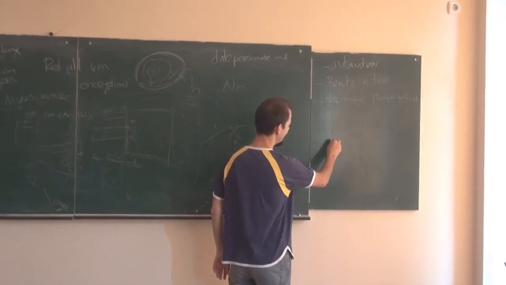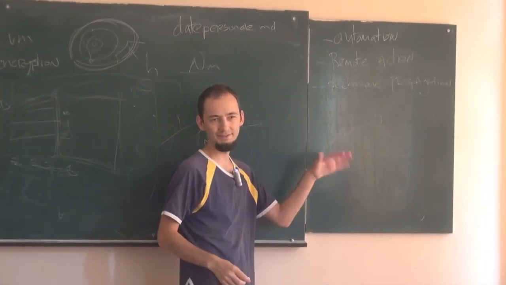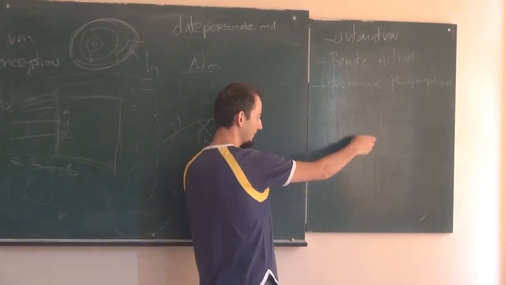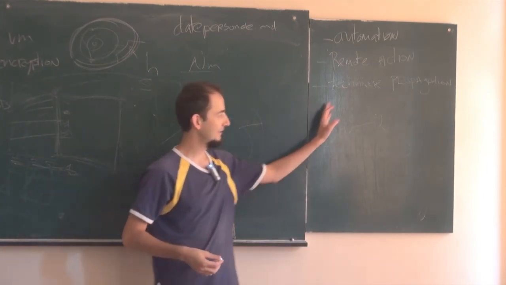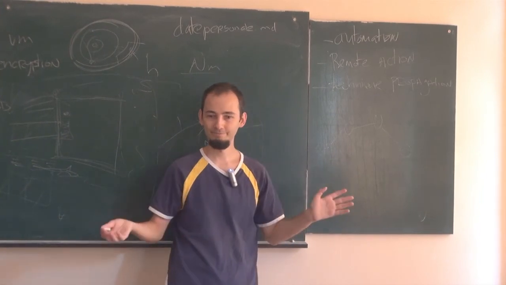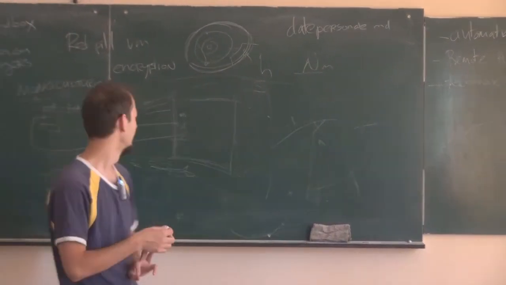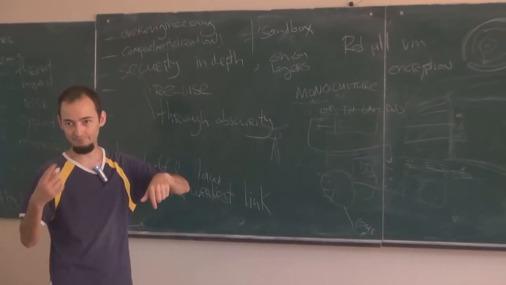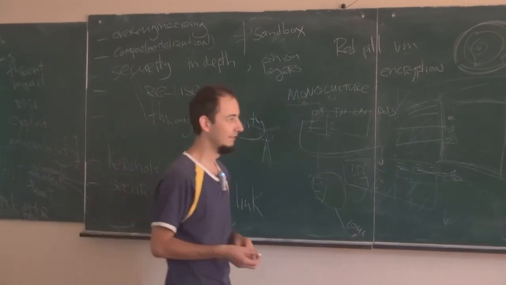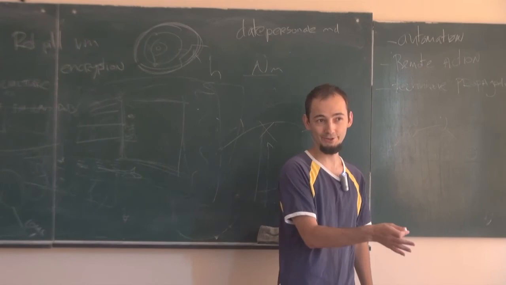So if, let's say, this one is sloppy, it will break easily. Therefore, the security of the entire system is now compromised. Well, not if you use security in depth. It's not yet compromised, but the enemy is already one step closer.